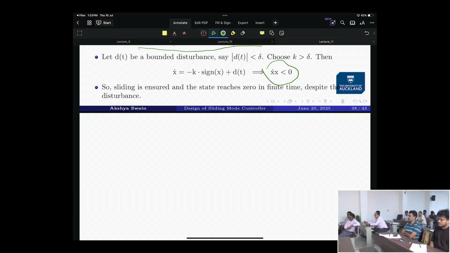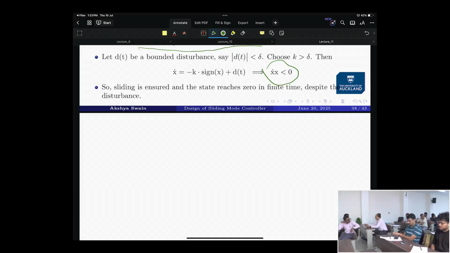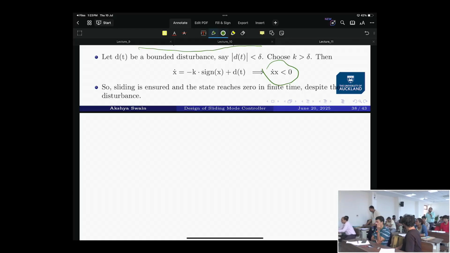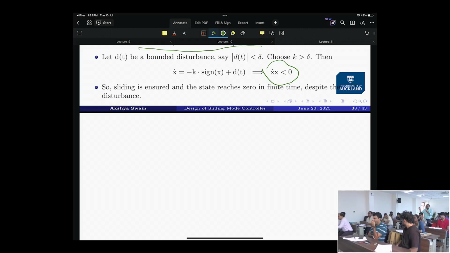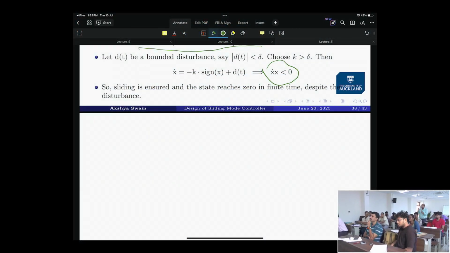I couldn't get it. It will change, because it will now behave as per the sliding surface design.